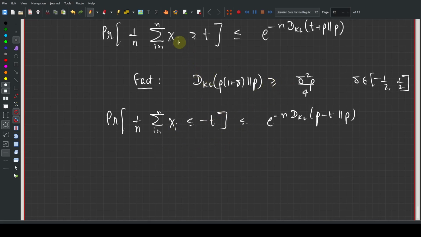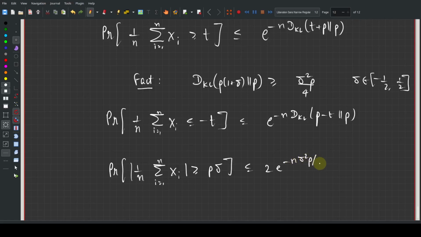So if I combine these two together, I get that the probability that 1 over n summation i equal to 1 to n xi is greater than or equal to, let's say, p delta, is less than or equal to 2e to the negative n times delta square p divided by 4.